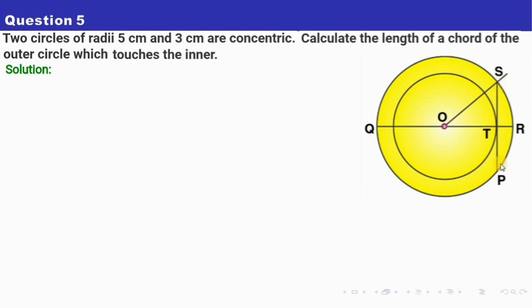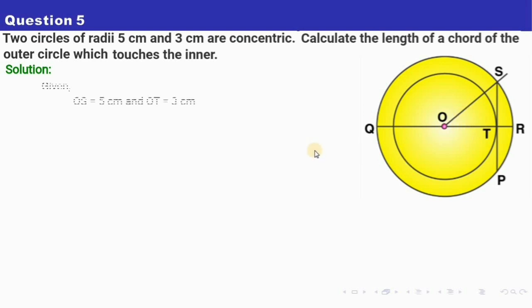That means here OT is the line which is touching the line SP. So this SP gets bisected by the line OT. Not only bisected, but it will be perpendicular as well. That is, OT will be perpendicular to SP as well. This was the one which you learned in your class 9 circles.